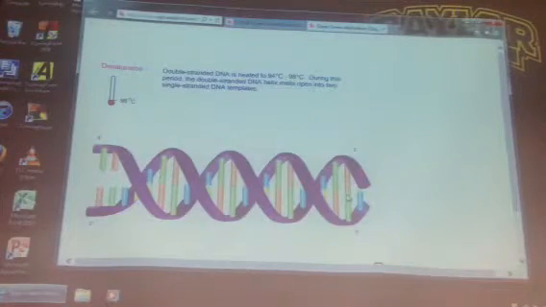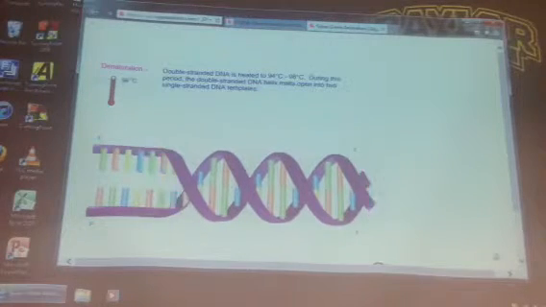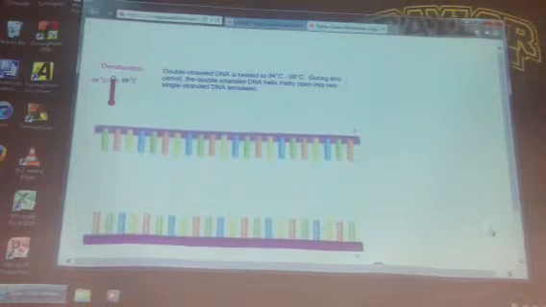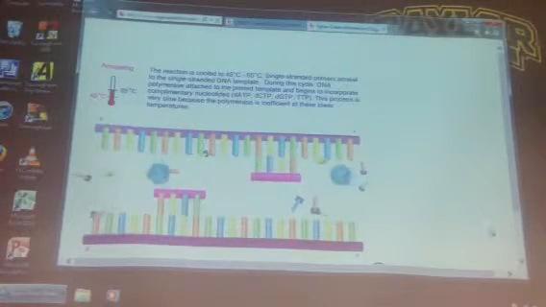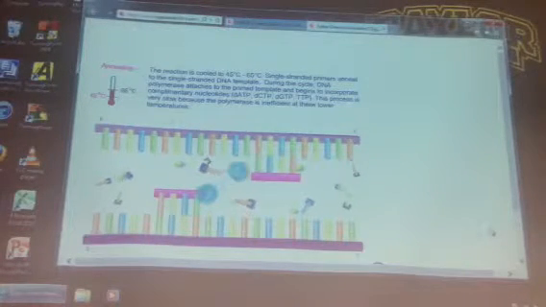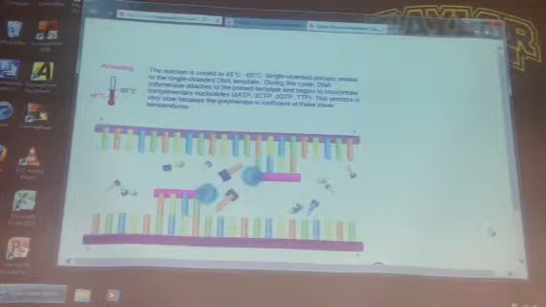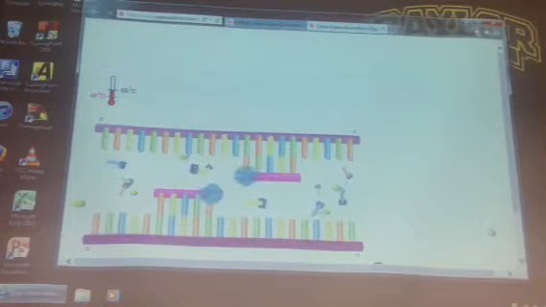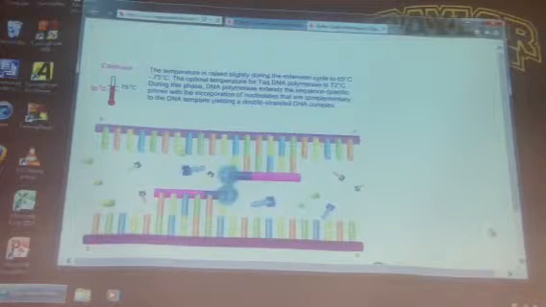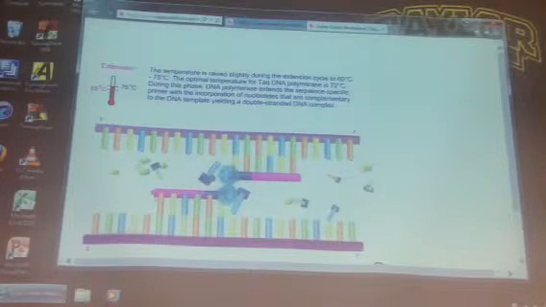If you use SYBR Green, then you can go ahead and denature it as you would for PCR. And then you add your primers, and you add the Taq. And then this is annealing, and then you bring it up in temperature, and we do the normal PCR. And then you can see these little SYBR Green dyes here.